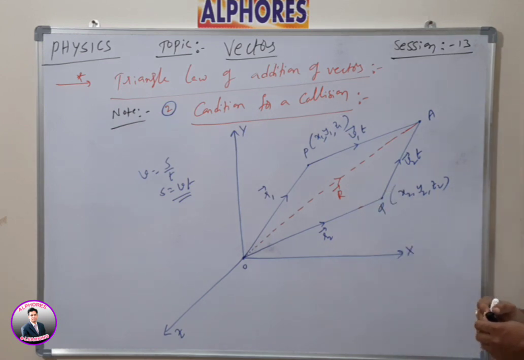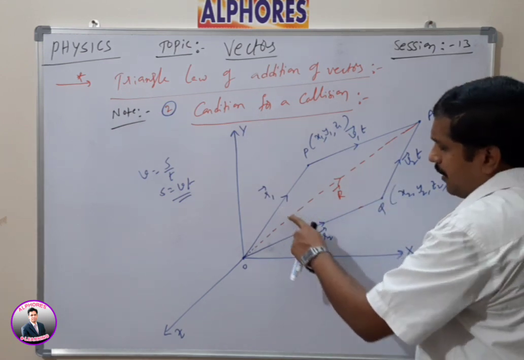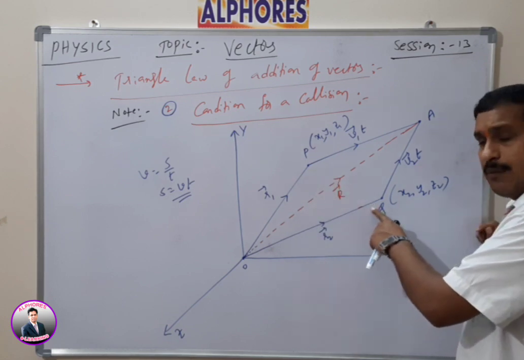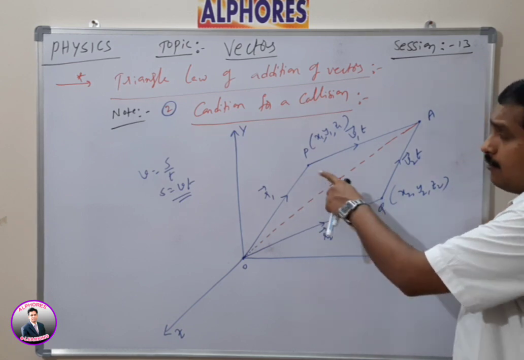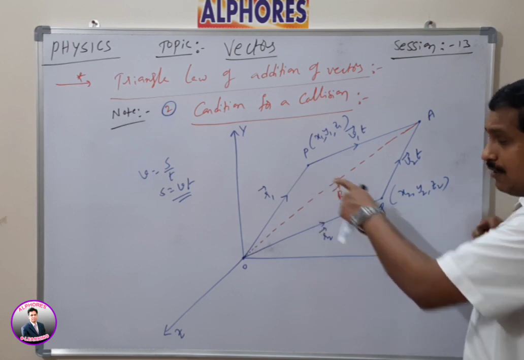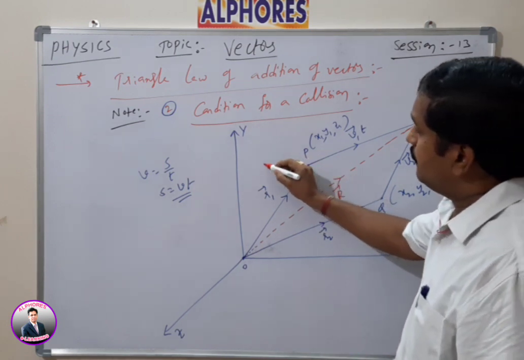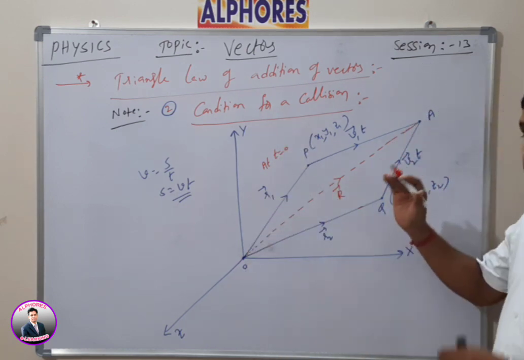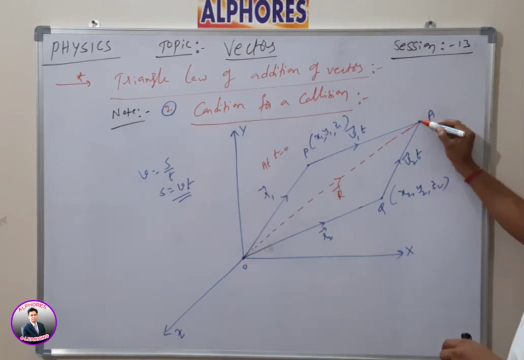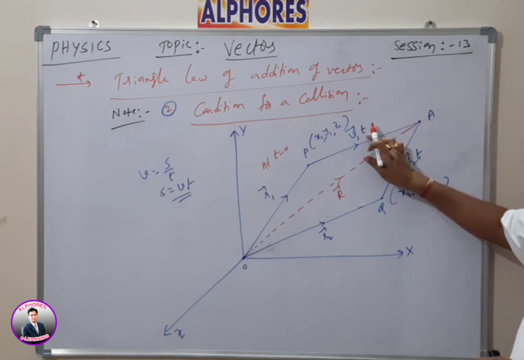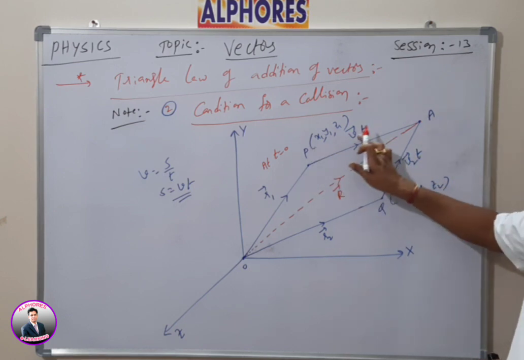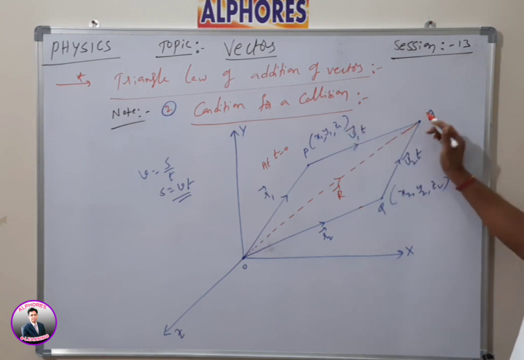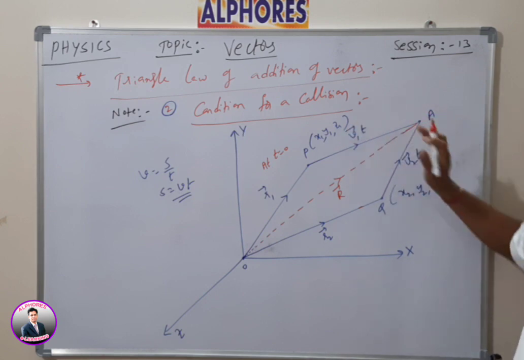Initially the two particles are at point P and point Q at time t equal to 0. After time t, these two particles meet at point A due to their velocities. Particle P moves with velocity V1, so the distance traveled to reach point A is V1 into t.